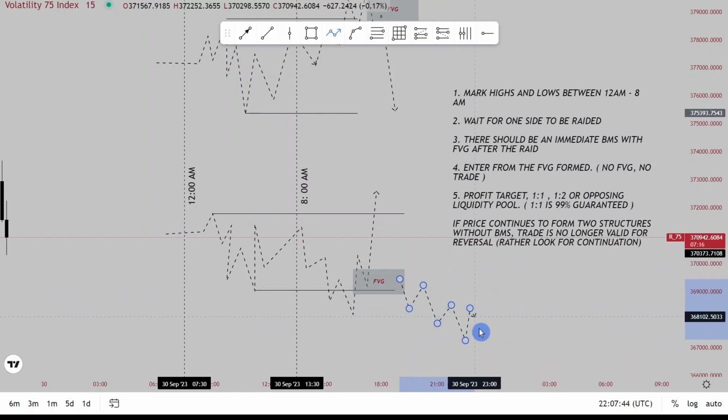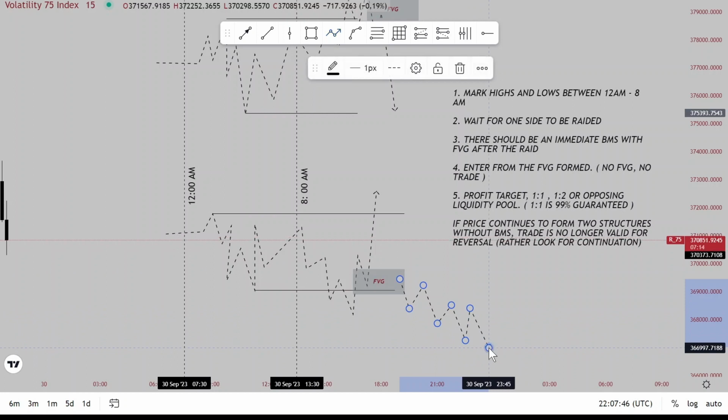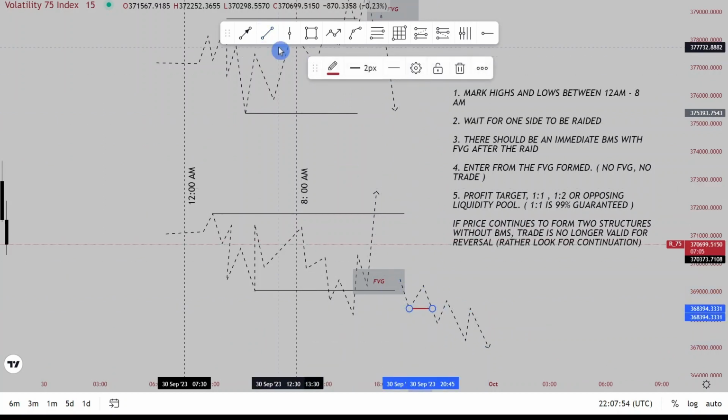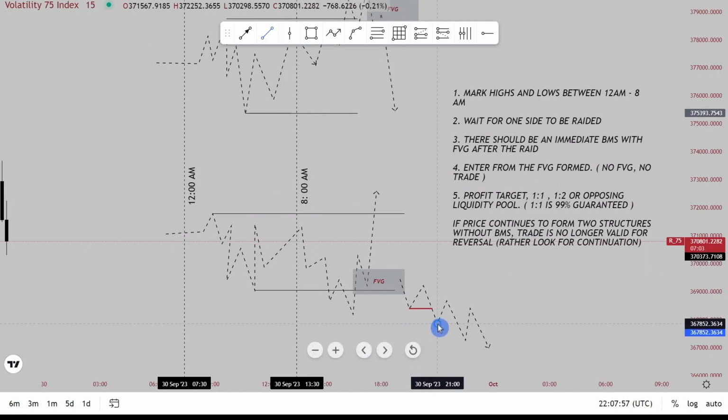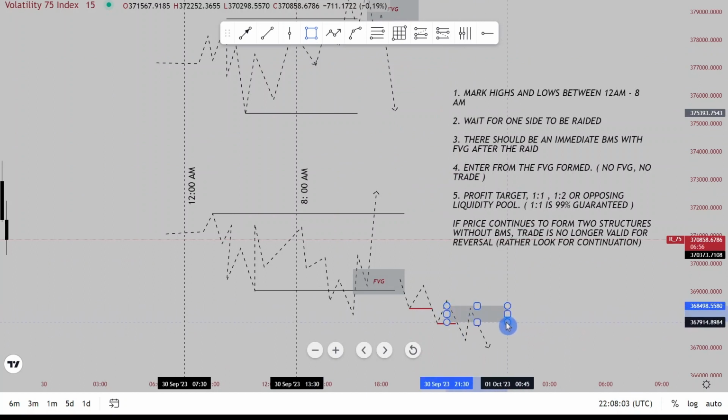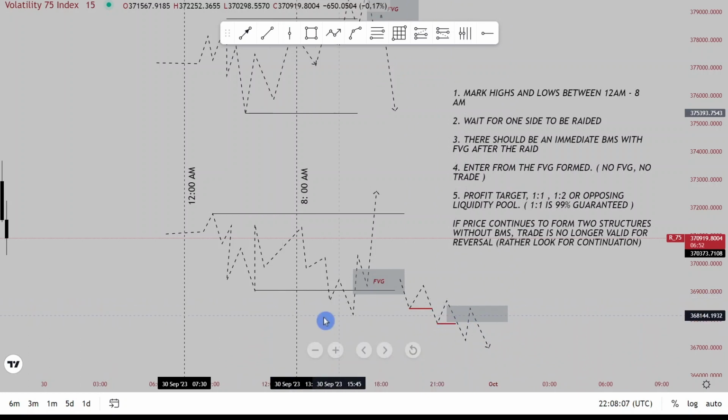Once you see two continuous breakdowns after liquidity grab, if you continue to see two break of structures in a row, don't look for reversal, rather take continuation from the fair value gap that has been created after the second break of the low.